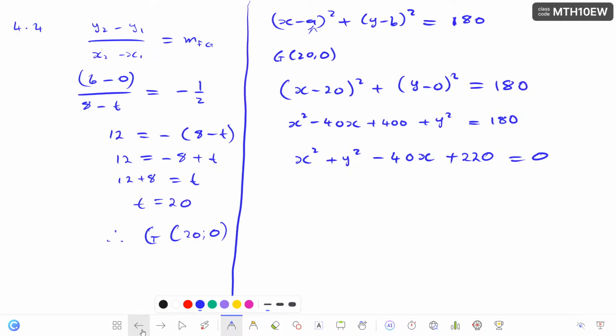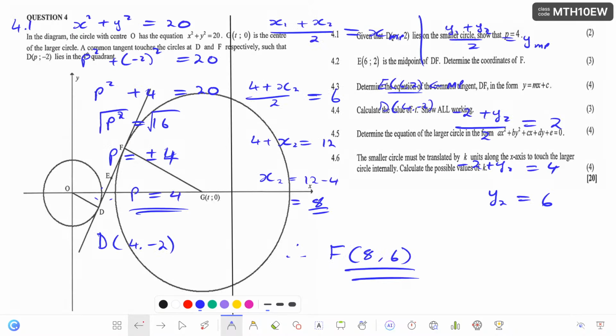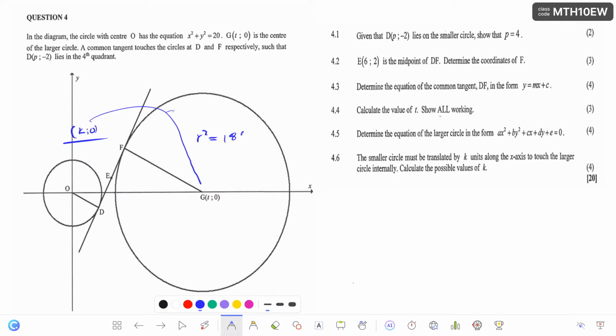Let me check again. Yes, it was 180. So here we are just going to say square root of 180. We get our radius as 6 root 5.